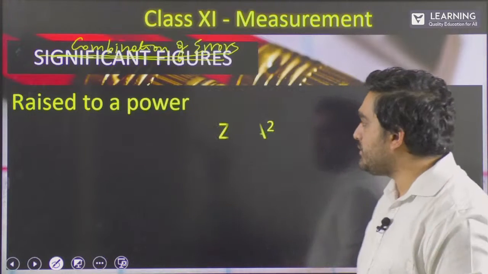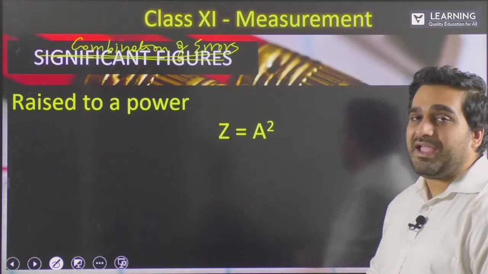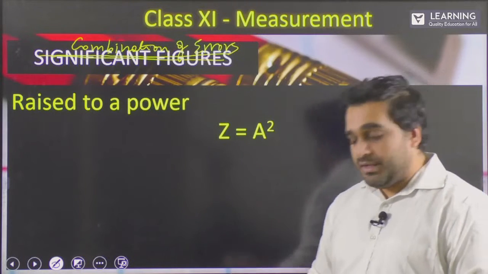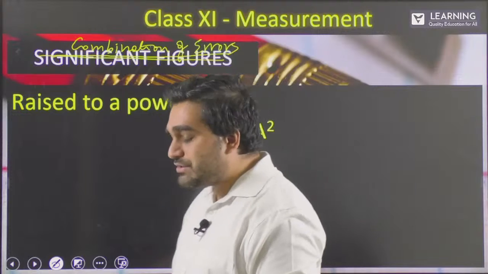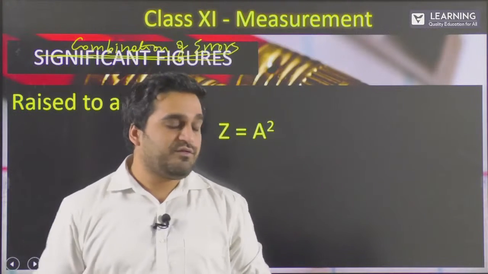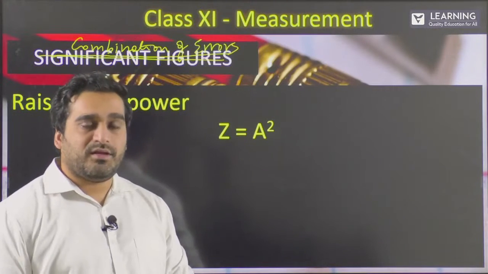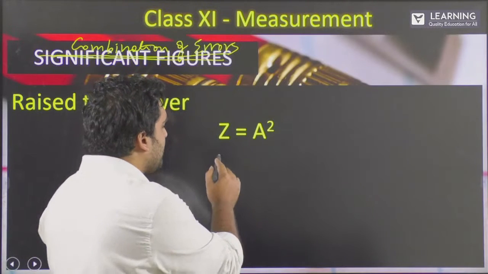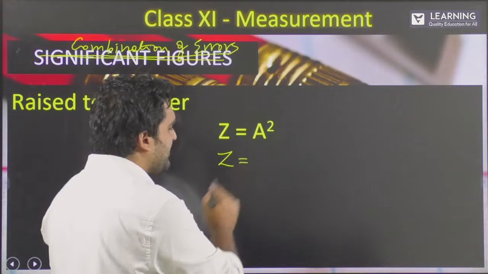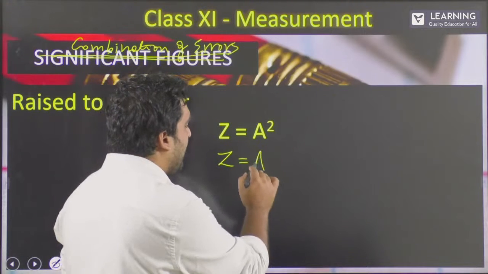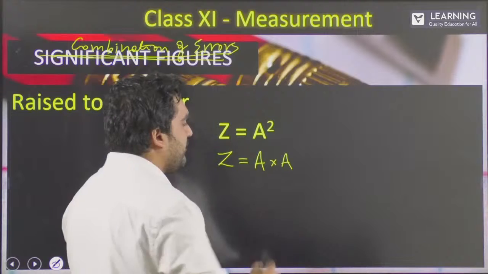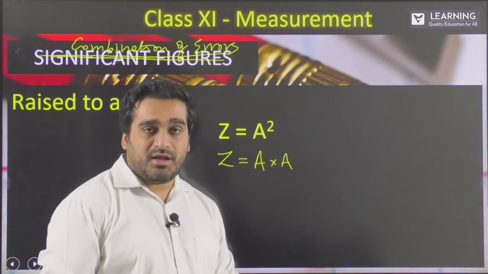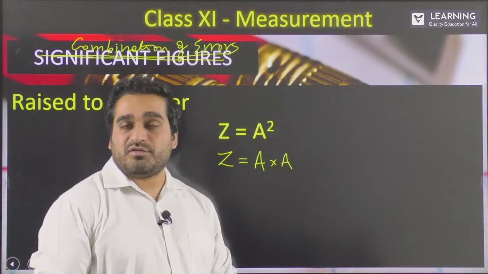Example is this: z equals a square. A physical quantity whose power has been raised to square. How would you find such an error? Nothing to worry. All that is meant here is to understand that z equals a times a, which is equivalent to a product of two errors. And what do we know about the product of two errors?